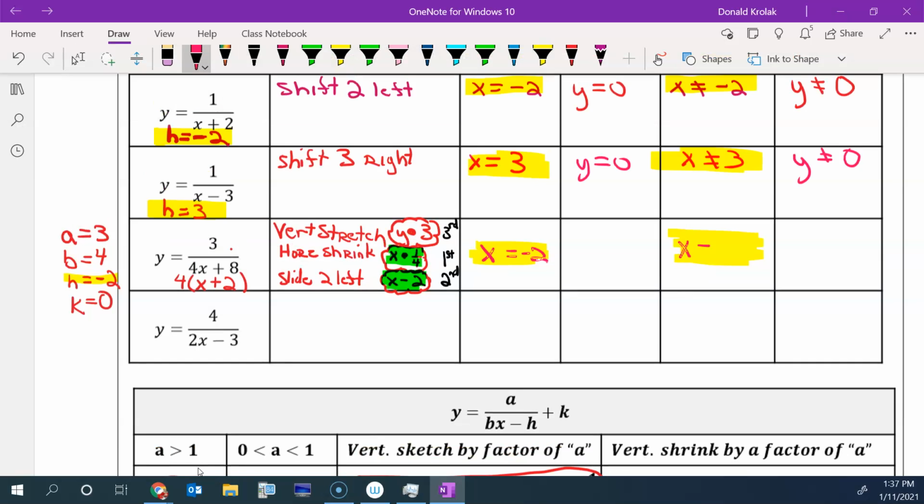So there won't be any -2's in the denominator or in the domain. Y equals 0 is an asymptote, so there won't be any zeros in the range. And there's your graph. That's how we're going to end up graphing it.